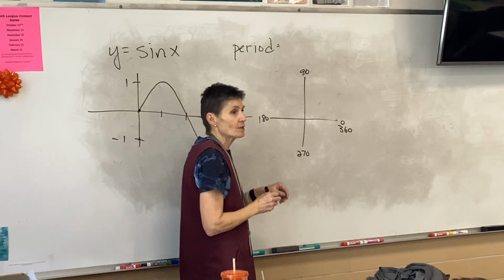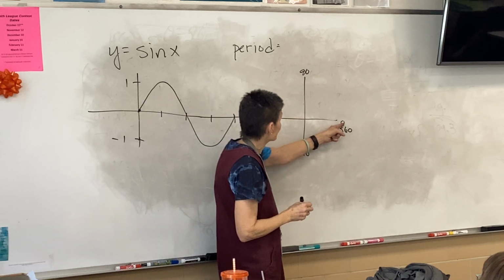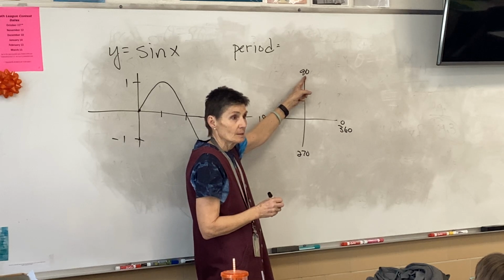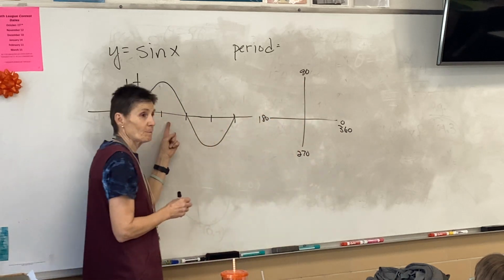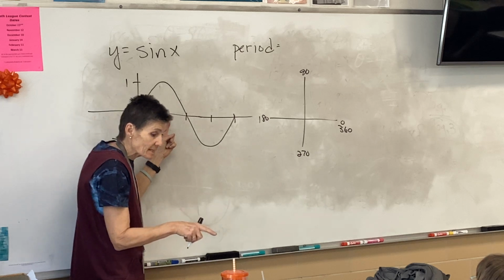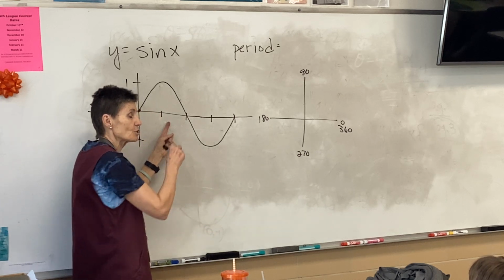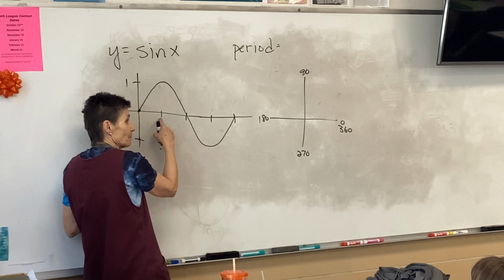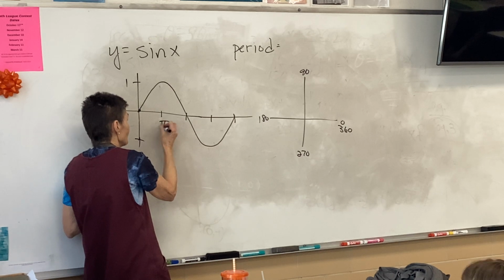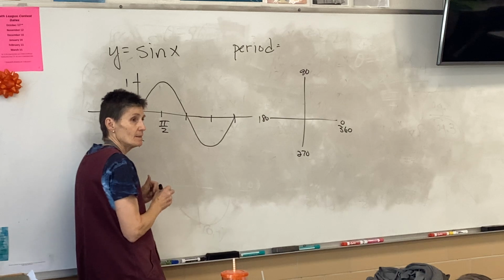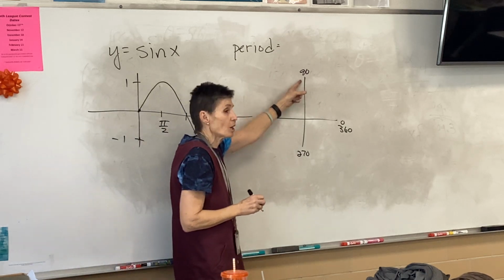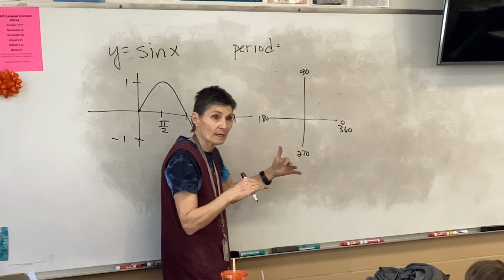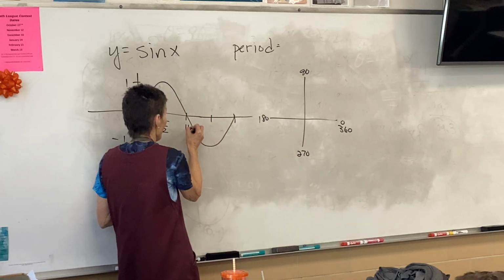So the first chunk goes from 0 to 90. So this should be 90, except it says use radians. So instead of 90, what am I gonna say? Pi over 2. And then the next chunk goes to 180, but I'm not gonna say 180, I'm going to say pi.